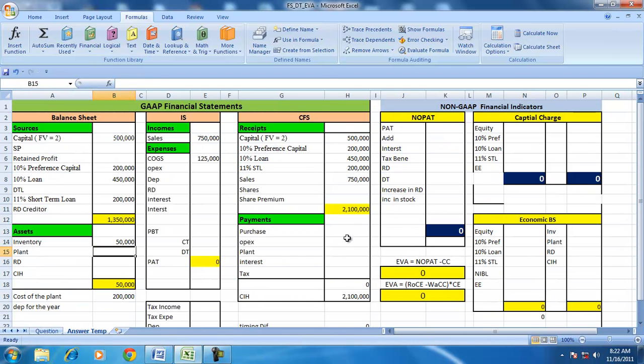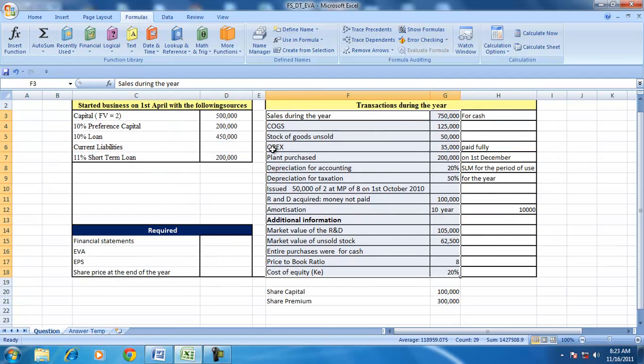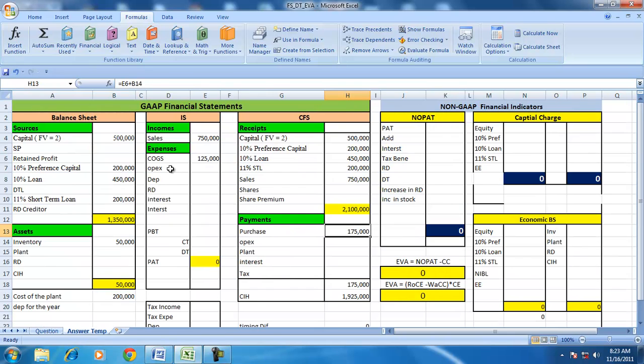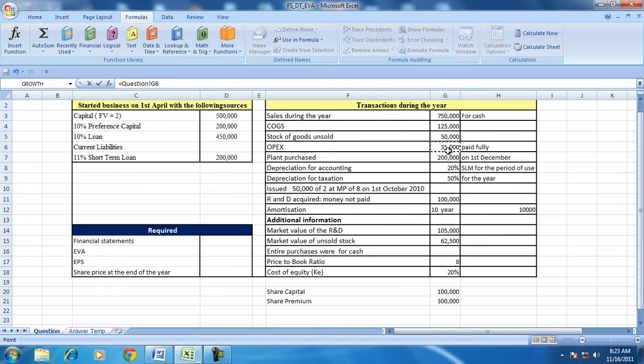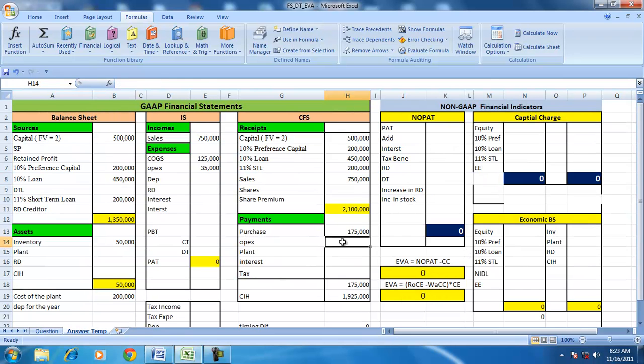That means the company has purchased goods of 125,000 plus 50,000, and they paid the money to that extent. During the period, operating expenses are 35,000, and operating expenses are fully paid, so no liability for operating expenses.